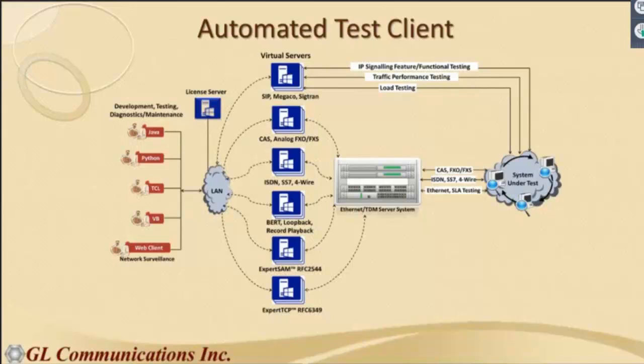There are two types of APIs provided: one is low level and one is high level. The low level APIs provide very detailed information, like which message has to be sent, what are the parameters to be fed to it, and so on. Whereas in the high level API, we just provide place call, answer call, terminate call. So these are the high level APIs where the user will be able to write his own scenarios.